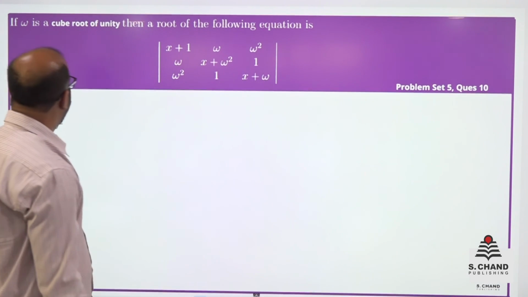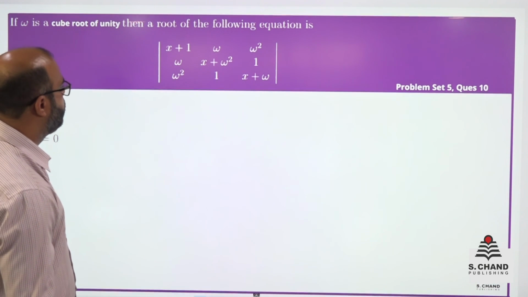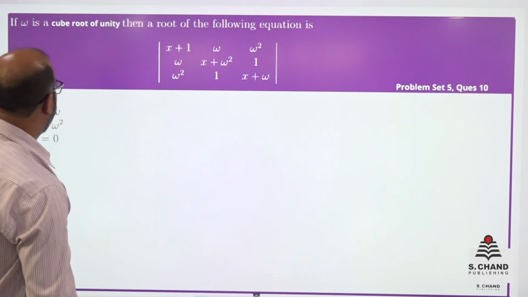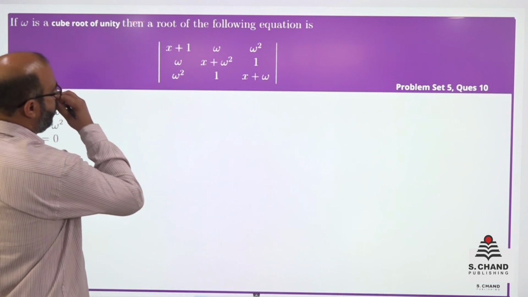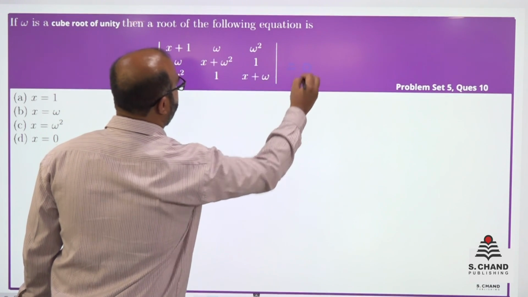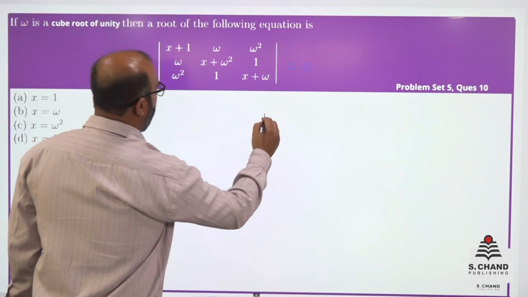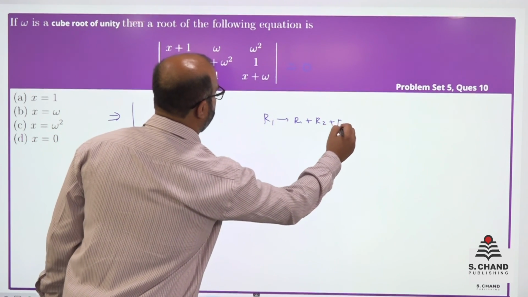Next question says if omega is a cube root of unity, then a root of the following equation is. So if you take omega as a cube root of unity, then this equal to 0 will give you the value of x. For that, let us do R1 as R1 plus R2 plus R3.